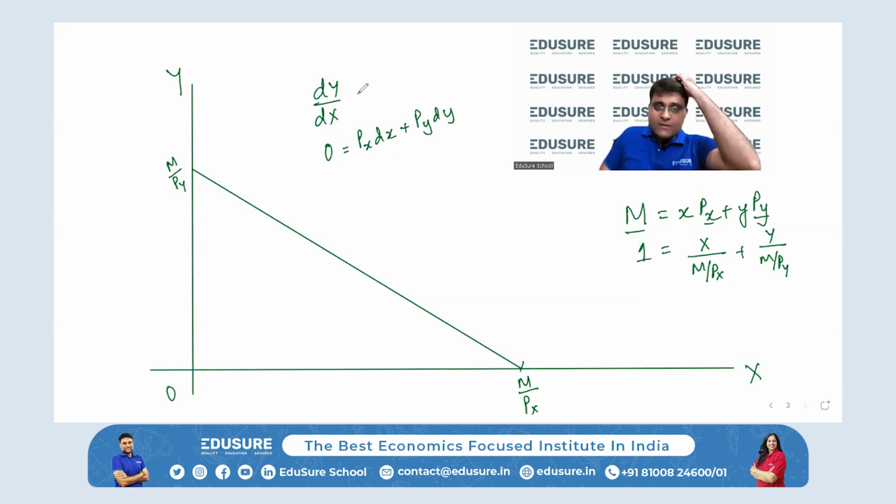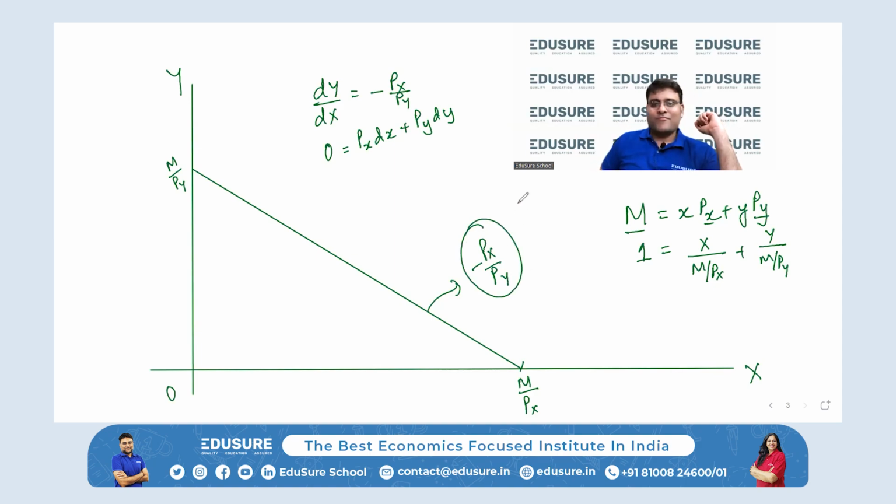Or in other words, dy by dx is minus Px by Py. So this is the slope of the budget line, minus Px by Py.